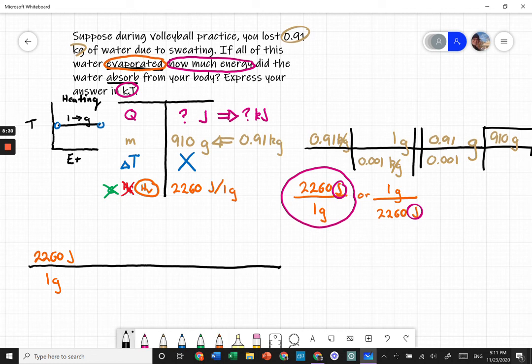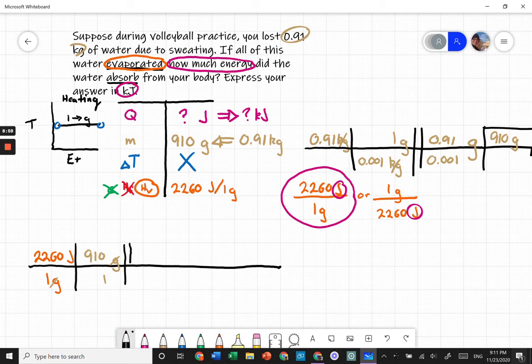What I'm going to need to do next is put in the other information I know. My change in temperature, that value right above it, is crossed off. I'm not going to use that for this problem. I am going to have to use my 910 grams. Because we have grams on the bottom, I'm going to put my grams on the top to cancel out. 910 grams, so that way my units cancel out. At this point, the only unit I have on the top is joules, and I'm out of units on the bottom.